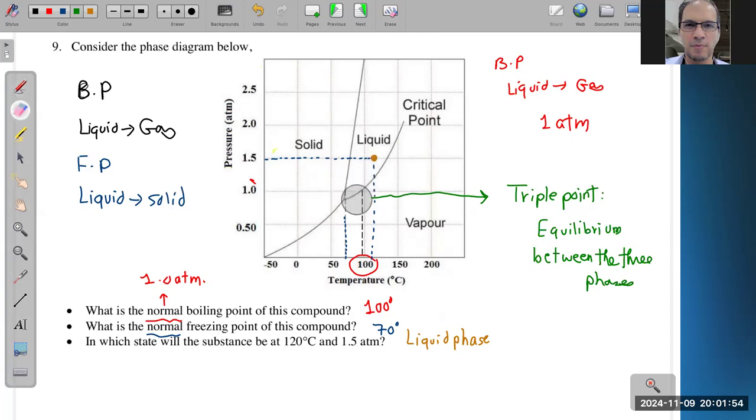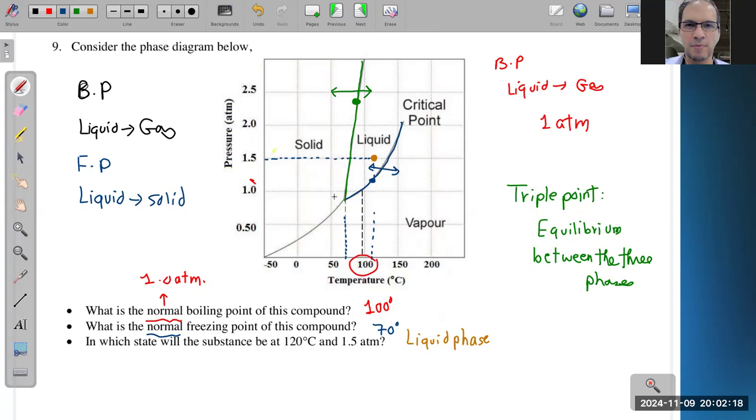Now if he asked me about this line or any point on this line, I will tell him what is there. Is this liquid or gas? For a dot here, for example, I will say this is equilibrium between solid and gas. If he asked me about any point here, I will tell him this is equilibrium between liquid and vapor. It's neither liquid nor vapor.